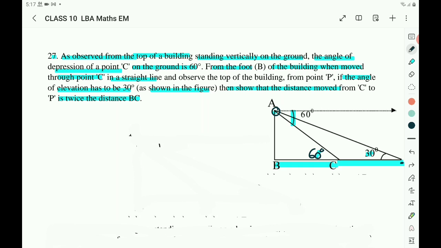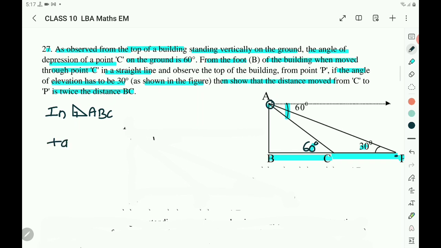So in the right angle triangle ABC, tan 60 degrees equals AB by BC.